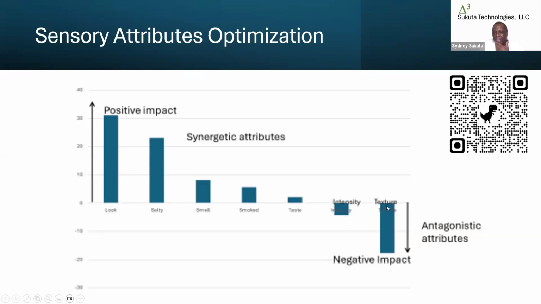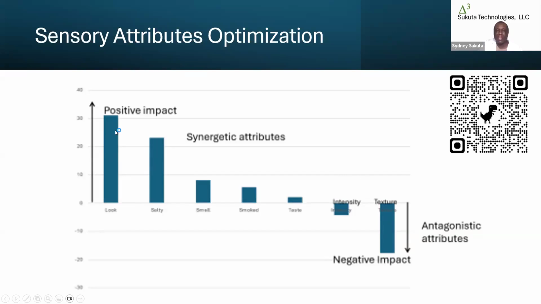And of course, the texture here suppressed the price the most. So again, if you want to hear about that study, please scan this QR code and go see that video.